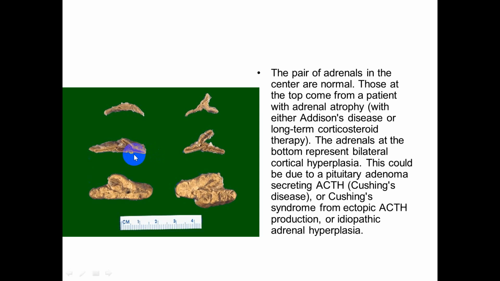The adrenals at the bottom represent bilateral cortical hyperplasia, due to pituitary adenoma secreting adrenocorticotropin, Cushing disease, or Cushing syndrome from ectopic adrenocorticotropic hormone production, or idiopathic adrenal hyperplasia. Also, this is normal structure, this is atrophy of the adrenal gland, and this is a tumor of the adrenal gland, adenoma.